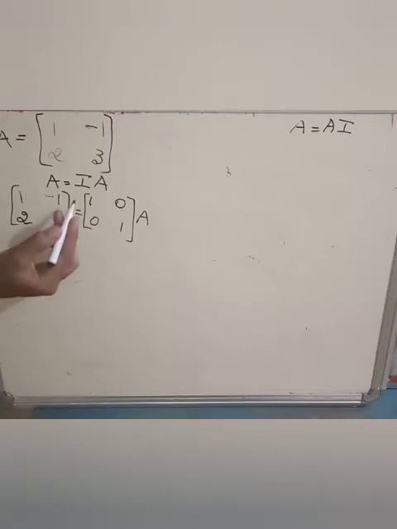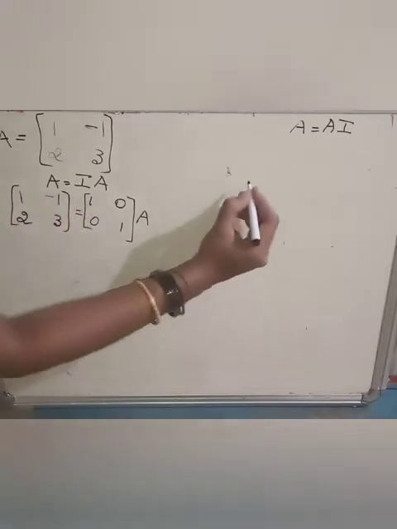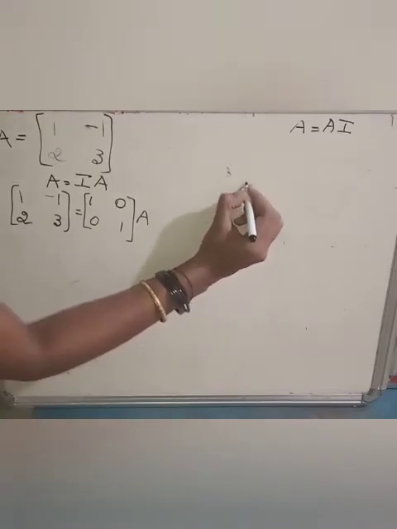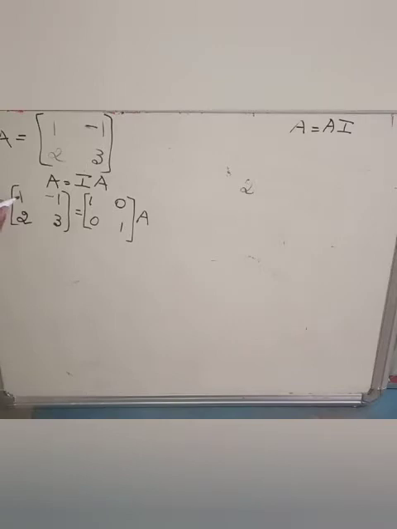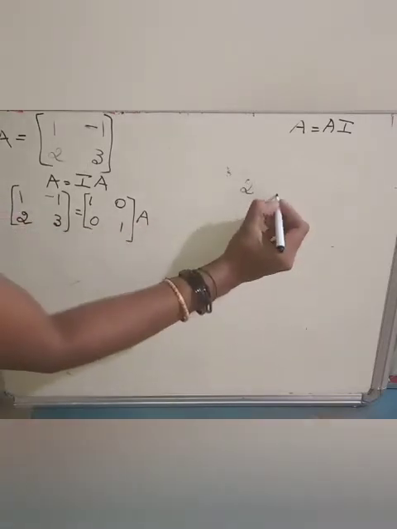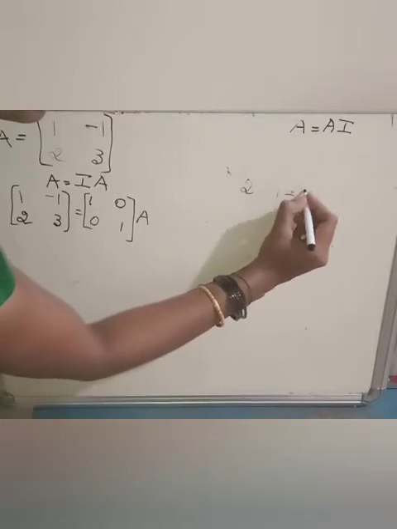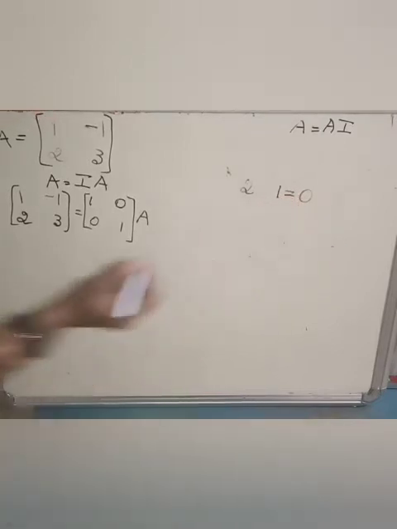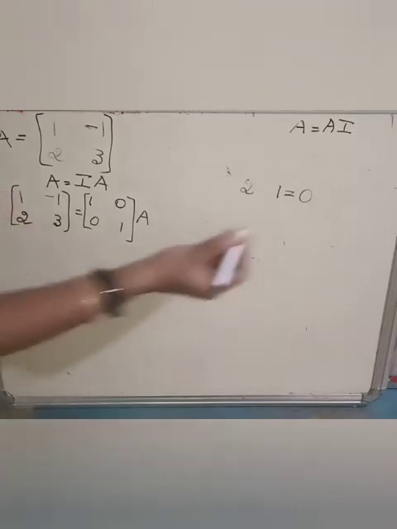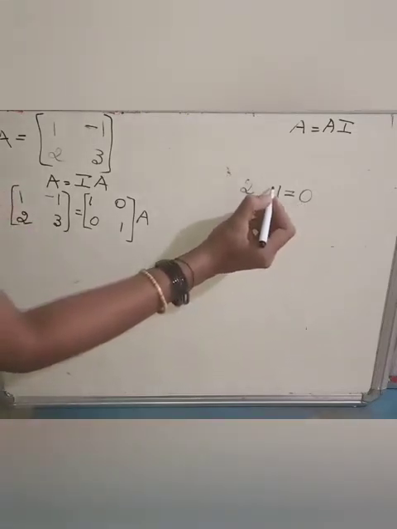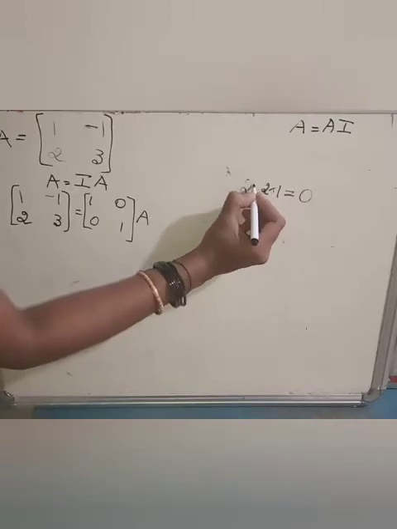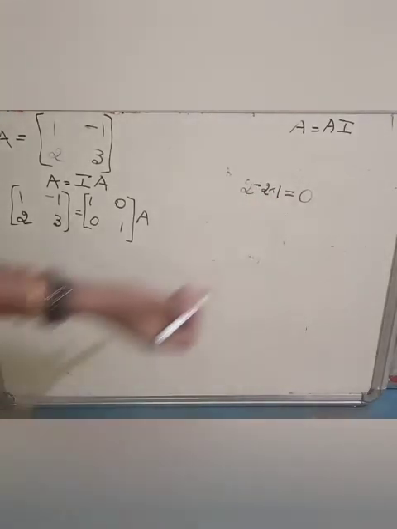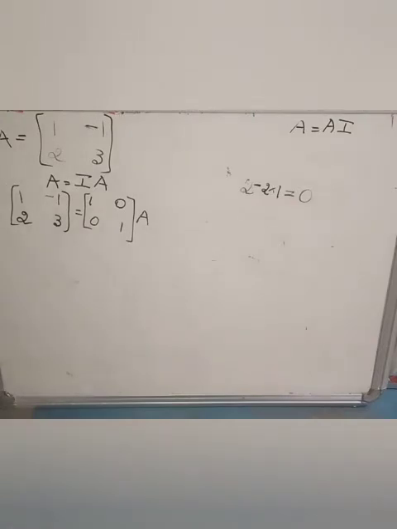We are using the elementary row operation, therefore we have to consider rows itself, not columns. Here 2 is there, and in the first row 1 is there. The answer should be 0. If I multiply 1 by 2 and subtract, the answer is 0. So instead of 2, here I have to write 0.